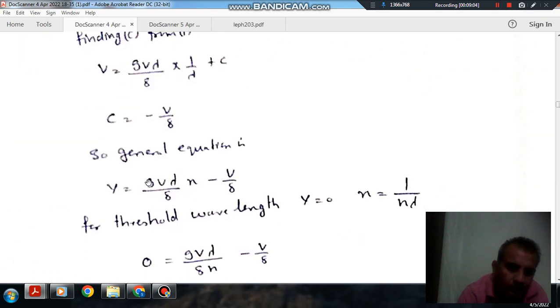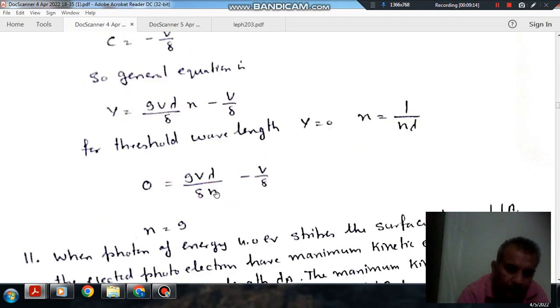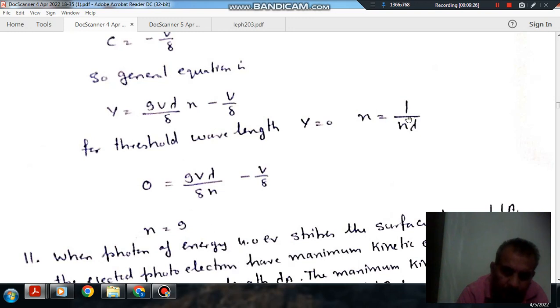So the equation is this: for the threshold wavelength the stopping potential should be 0, so if we put y equal to 0, then we can find x. When the stopping potential is 0, the wavelength is n lambda.